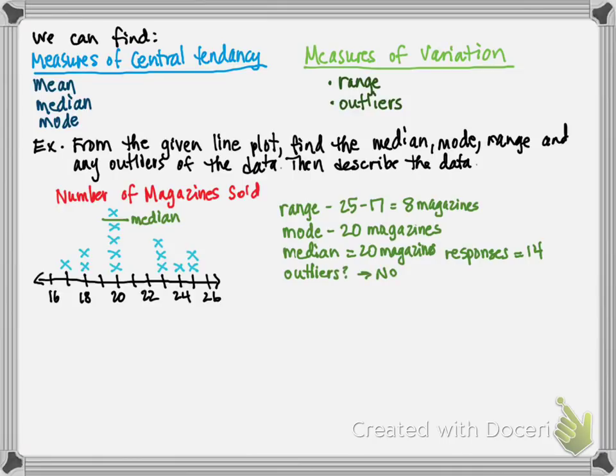So we can go ahead and do a quick response. We could say there were 14 responses to this survey. Oops, I didn't spell that right, did I? Try that again. To this survey. The median is 20.